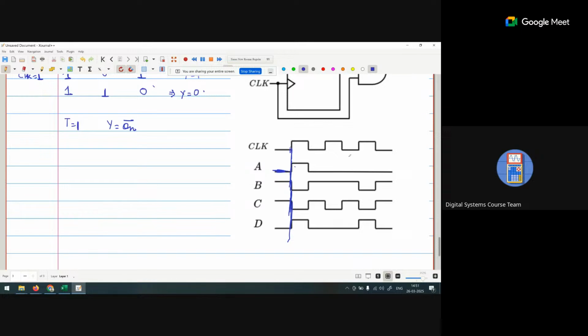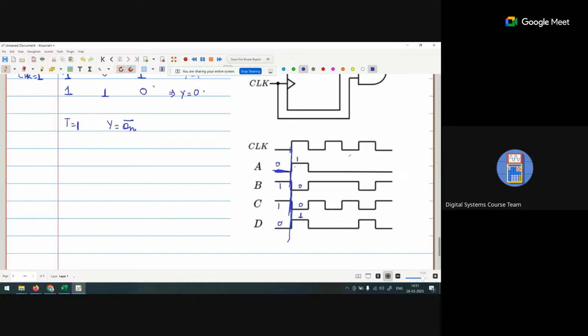For A, it is 0. For B, it is a 1. For C, it is a 1. For D, it is a 0. So what is the output? If it is a 0, we are getting 1. If it is a 1, we are getting 0. If it is a 1, we are getting 0. And if it is a 0, we are getting 1. Clear? So clock 1 is applicable. That means all four options are correct for clock 1.